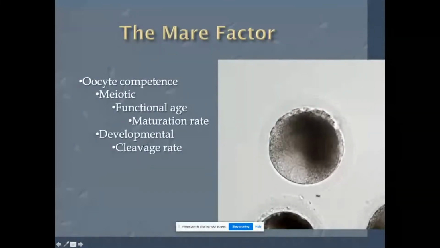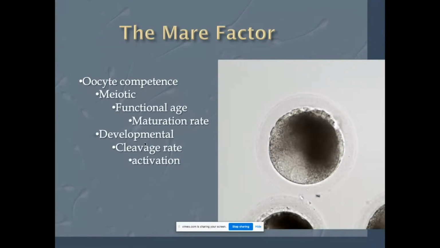So developmental competence, first thing is, will it cleave? And of course, the first thing that has to happen there is it has to be activated. While the sperm cell and the sperm factor in it are required for activation, some mares tend to have oocytes that are harder to activate than others, while some stallions are poor at activating. And of course, you hope you don't put those two together.